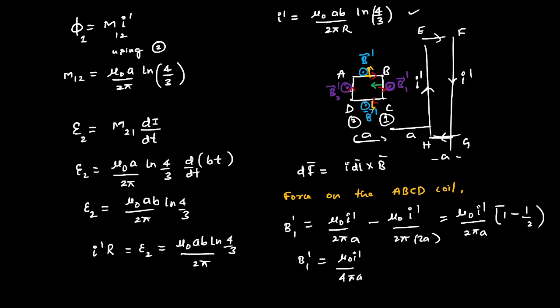Here, I l cross B is in the opposite direction for the AD segment. Since BC is closer to the wires than AD, the BC force will be larger. I'll call this one F1 and this one F2. F1 will be leftwards, F2 will be rightwards, and F1 will be stronger.